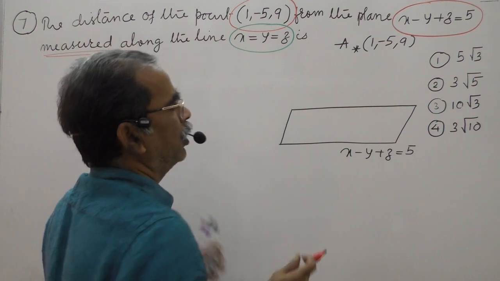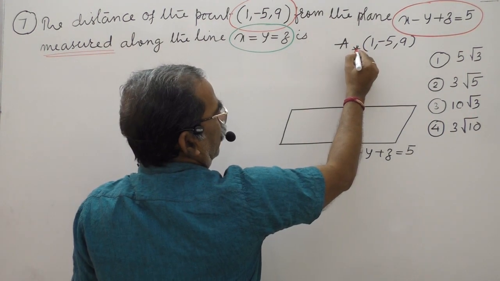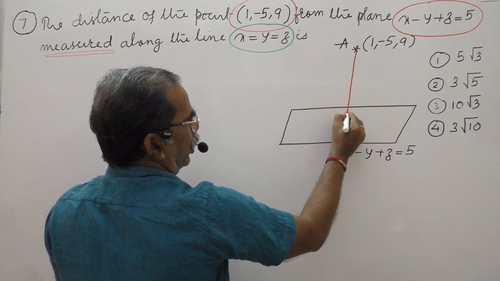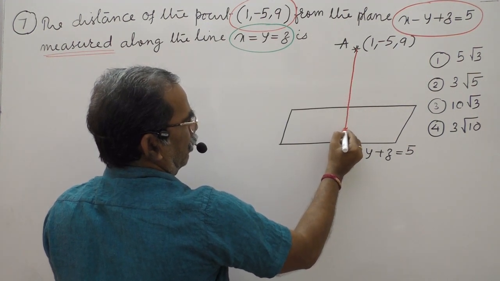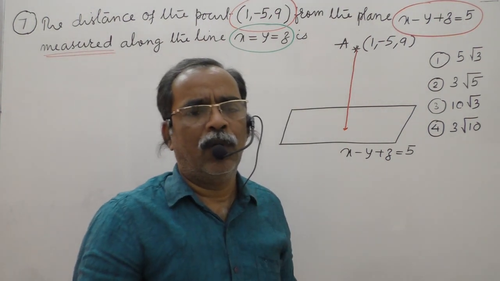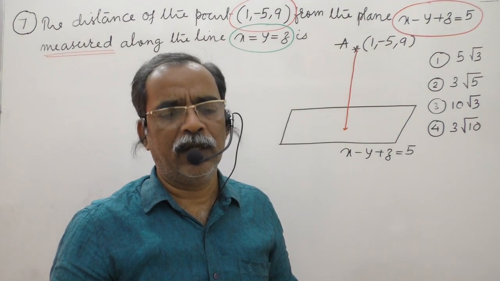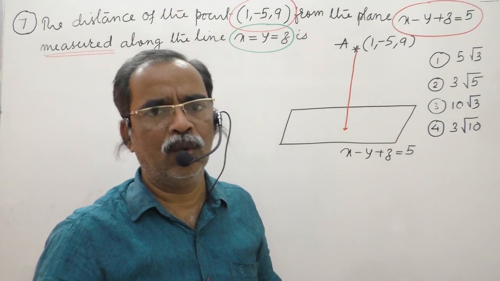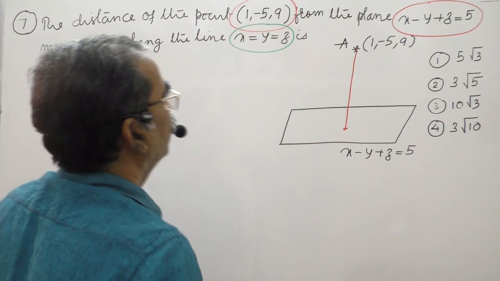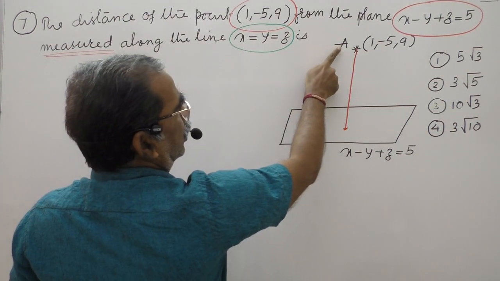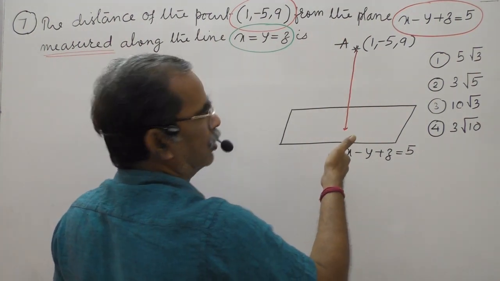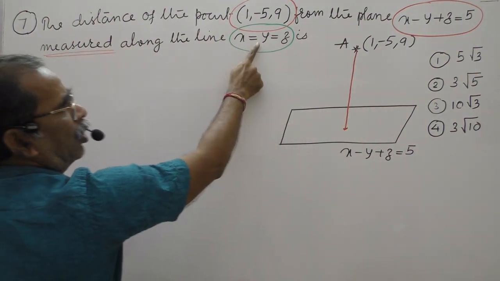Generally if a point is given, we find the perpendicular distance from the point to the plane, which can be found easily: mod of ax1 plus by1 plus cz1 plus d by root over a square plus b square plus c square. But what he said is the distance from this point to this plane, not the perpendicular distance, but measured along this line.